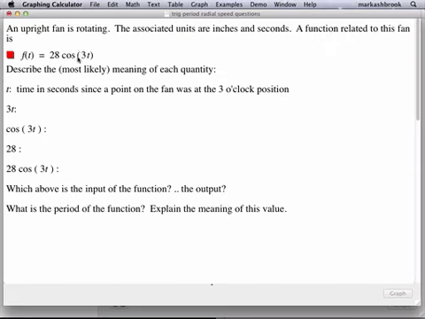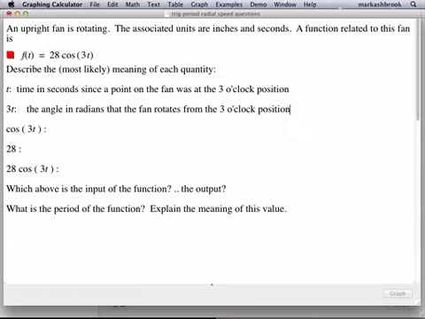Either radians or radius lengths. So this is the angle or the number of radius lengths. So we just say the angle in radians that the fan rotates from the 3 o'clock position. This is a key thing to see: whatever quantity is being inputted into cosine, that's an angle. Does it make sense? So you have to recognize that expression 3t has to be an angle or a number of radius lengths.